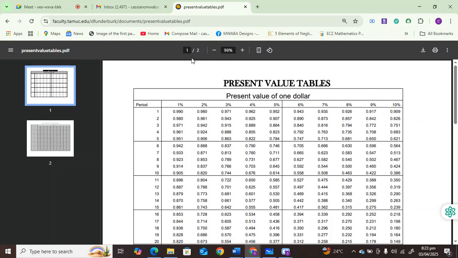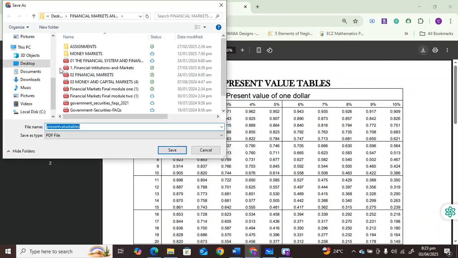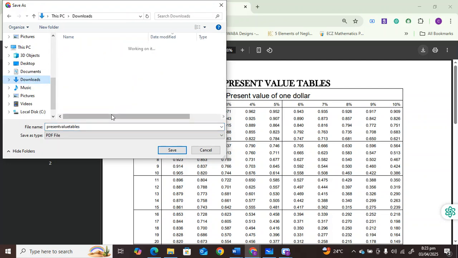Okay, so on the present value table, you have your rates and you have the periods. Let me download it so that I show us how to read this table.